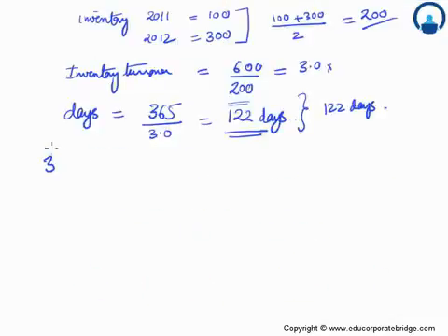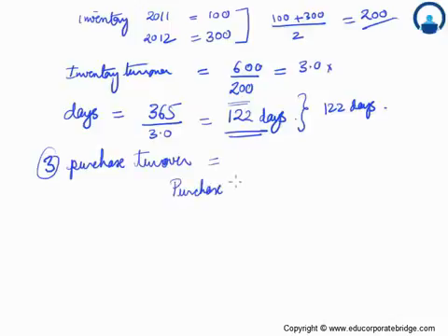So the last one, which is basically related to the purchase of the raw material, we will call purchase turnover. Purchase turnover can be calculated as purchases during the year, so let's say in 2012 you've purchased a certain amount, divided by your average trade payables. Trade payables are the ones which are yet to be paid to your suppliers, so that number will come here.